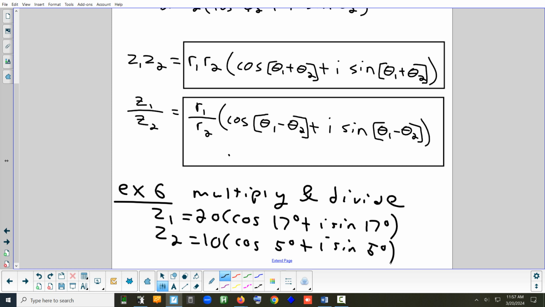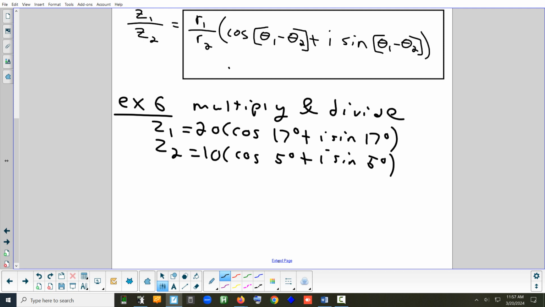I want to do two things: multiply these together, and divide them. That represents multiply. When I multiply them together, what do I do with this number and that number? Multiply them. What's 20 times 10? 200. So the final answer is 200 cosine.